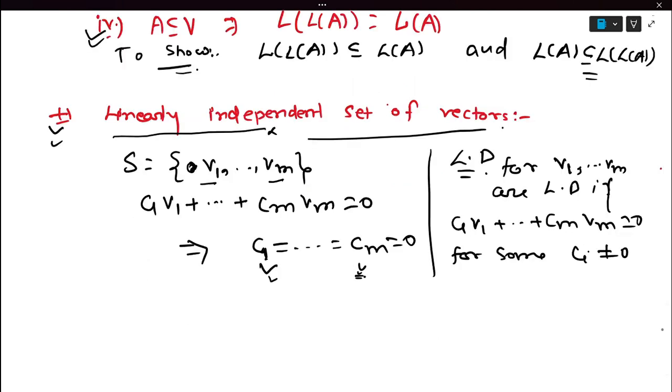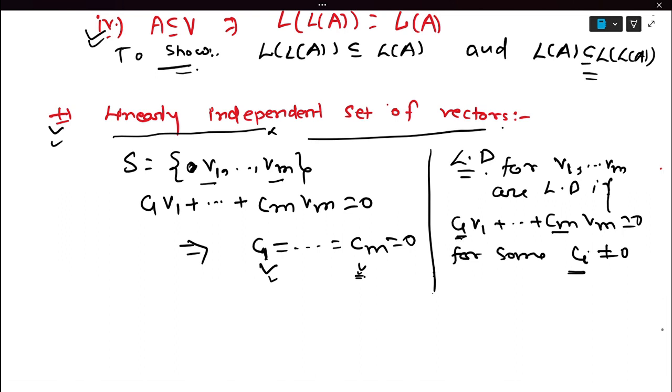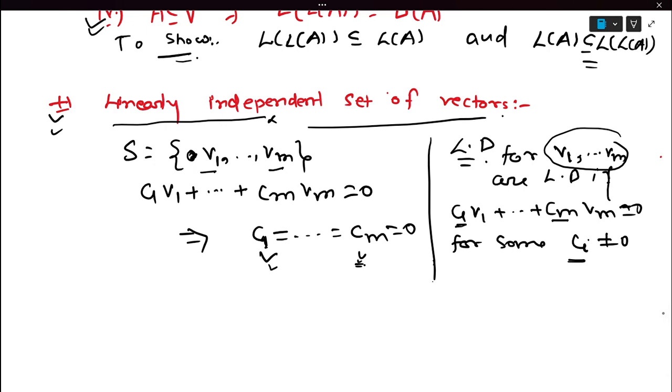Here all the ci's are zero, but here at least one ci is non-zero. It may be the case that we have more than one non-zero coefficient, but at least one ci has to be non-zero, and their linear combination has to be 0. Then we call v1, v2, vm linearly dependent vectors.